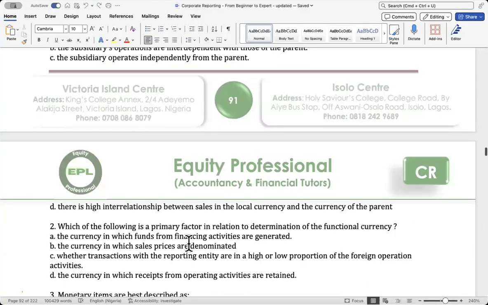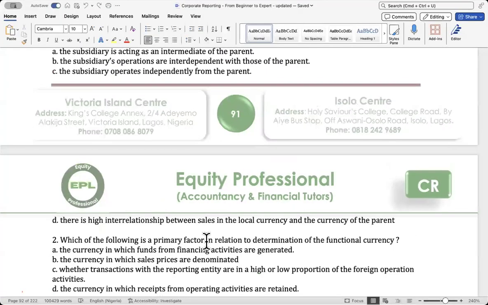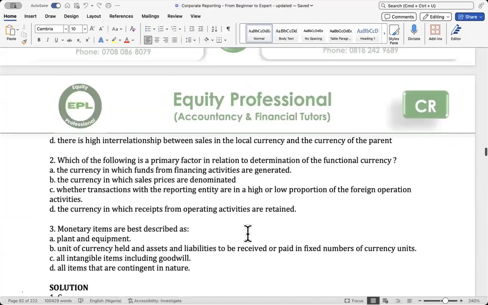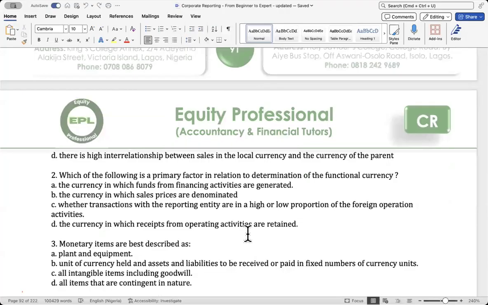Which of the following is a primary factor in relation to determination of functional currency? Currency in which funds from financing activities are generated, currency in which sales prices are denominated, whether transactions with the parent are in high proportion, or currency in which receipts from operating activities are retained. What's the answer here? I gave you two primary factors.